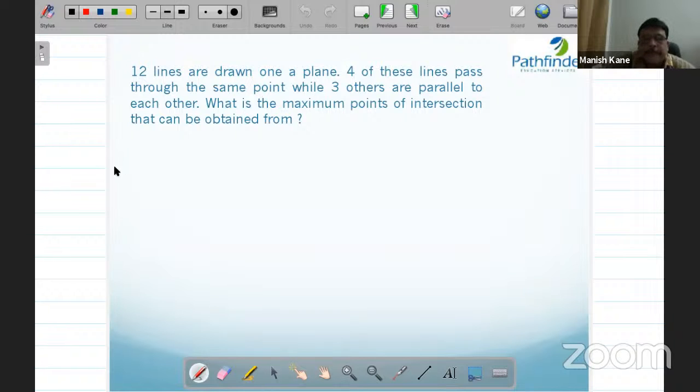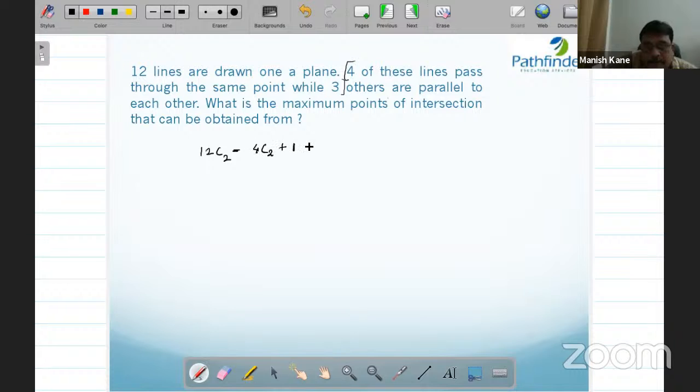Okay, let me help you. 12 lines are drawn in a plane. Now suppose the constraint of 4 lines passing through the same point were not there. Then what will be the number of points of intersection? I just now told you 12C2 points of intersection. But 4 of these lines pass through the same point. If 4 of these lines pass through the same point, obviously these 4C2 points of intersection are not possible.